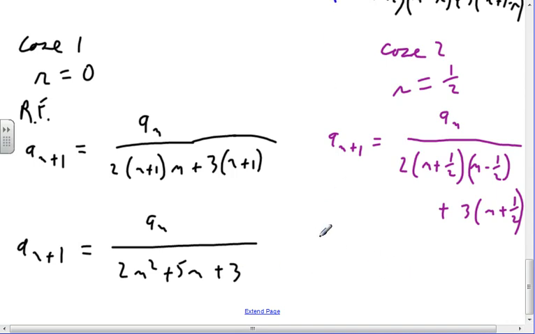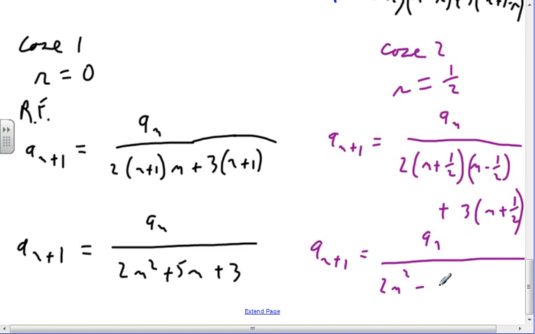And a_{n+1} is equal to a_n divided by, this is going to be 2n squared minus 2 times 1/4.